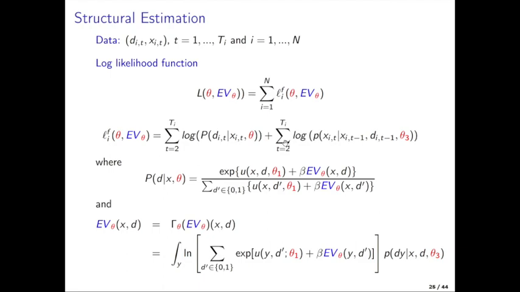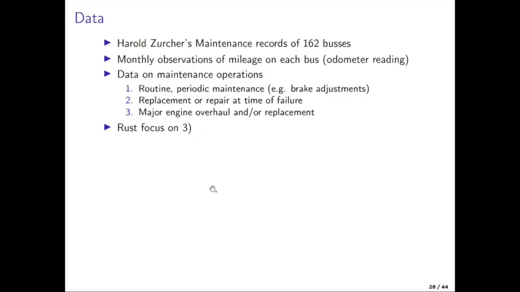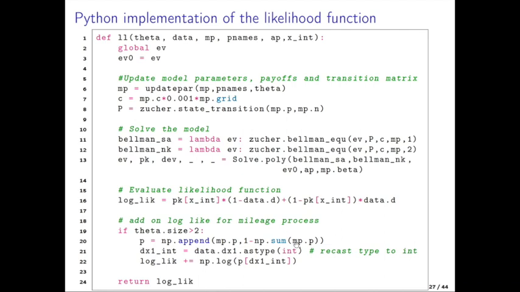Now, the second part of the likelihood is fairly straightforward, and if you look carefully, it doesn't depend on anything that's coming out of that routine here. So you don't need to solve the model. You can actually have done that in a first step, and we do so.